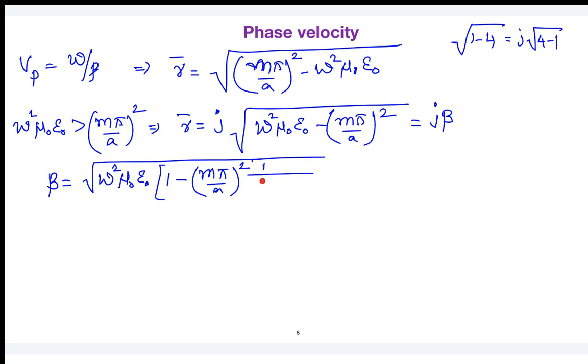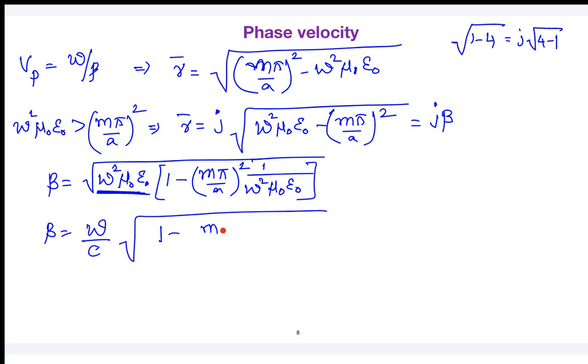When it comes out from this root, it is going to give omega by c. Agree? Over 1 minus (m pi by a) whole square into 1 by mu naught epsilon naught, which can be written as c square divided by omega square.